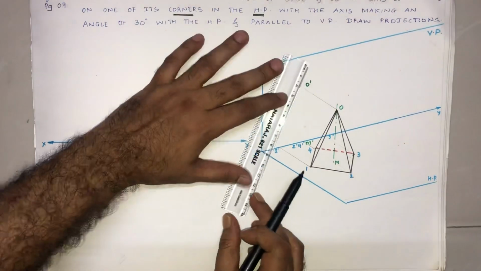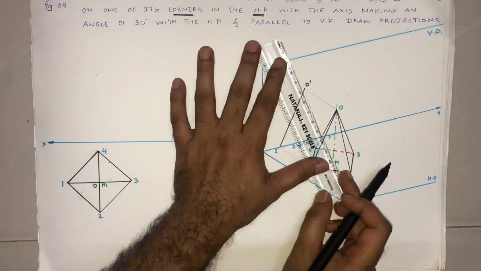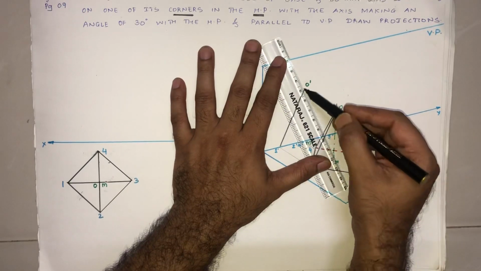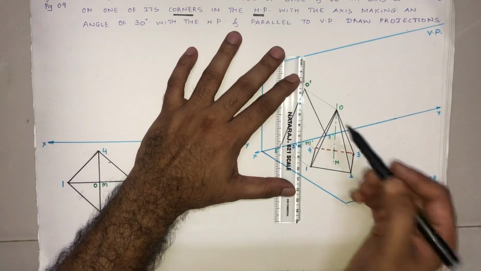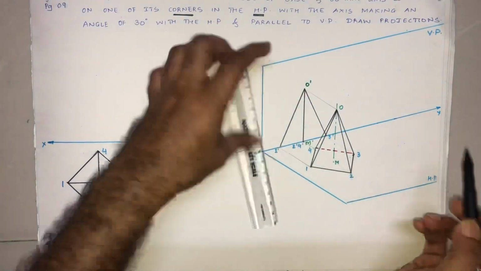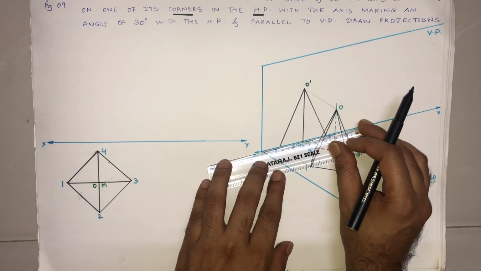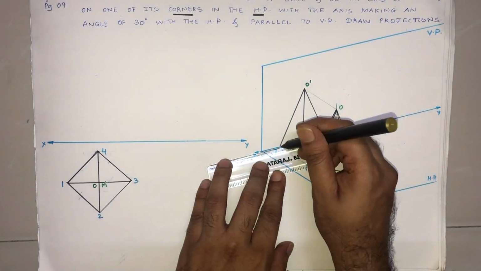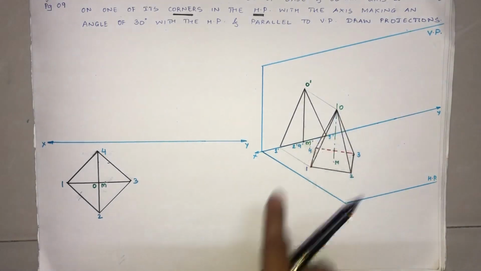All I have to do is connect this, and if you would see properly, something like this, and I have this O dash, M dash. So that's the front view. I also connect the base here by a dark line. So now this is how the front view is going to look.